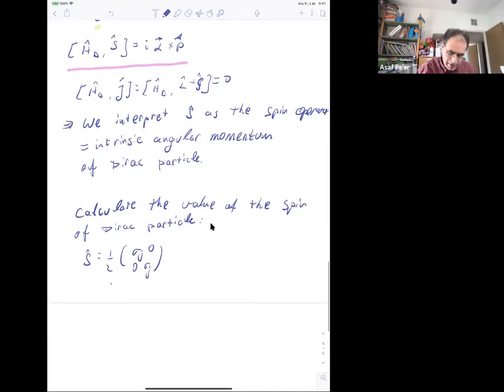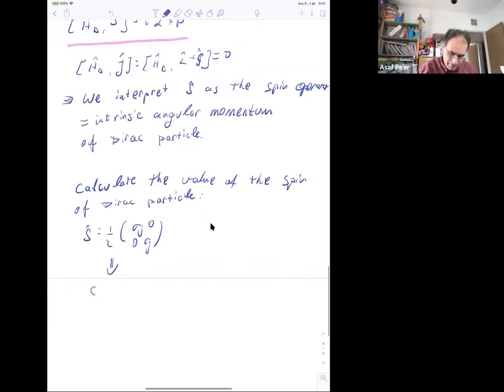Then we automatically get that the commutation relation of Sj and Sk is i epsilon jkl SL, and epsilon jkl is the Levi-Civita symbol or tensor.